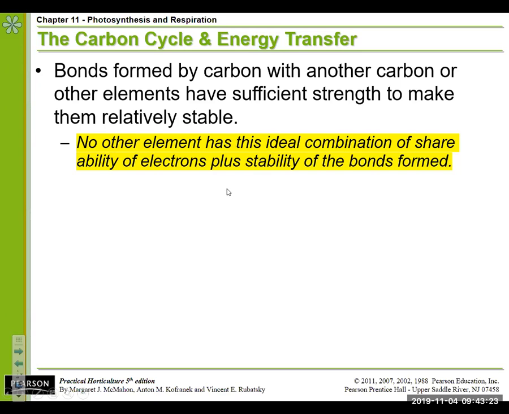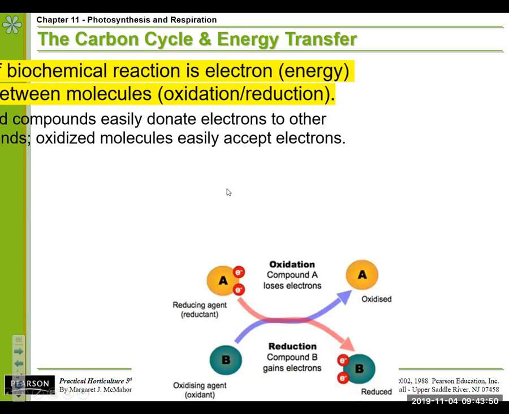Because of that, it's easier to move energy through carbon-based molecules, what we call organic molecules. Organic just means of life, and that it's carbon-based, because carbon is about 90% of the molecules in our bodies and the bodies of plants, and everything that's living has carbon in it.